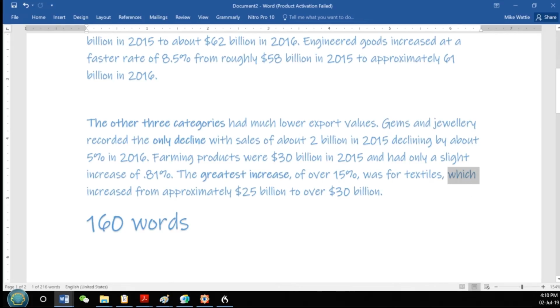The other thing to note is that I'm using a variety of sentence patterns. With these earlier sentences, I've got the categories first. Let's just underline these so you can see. Category, category. And then what I do here is I don't put the category first.